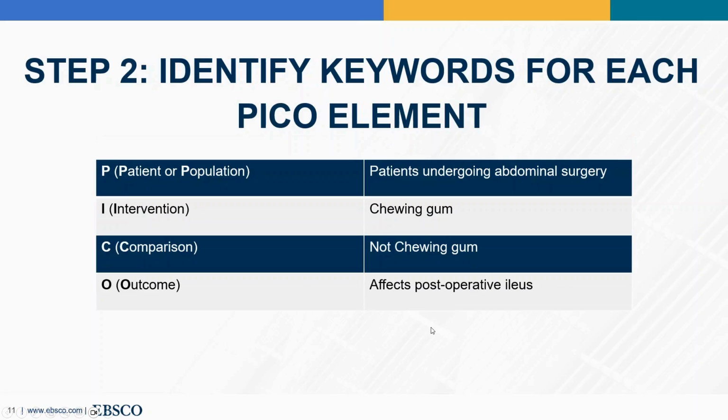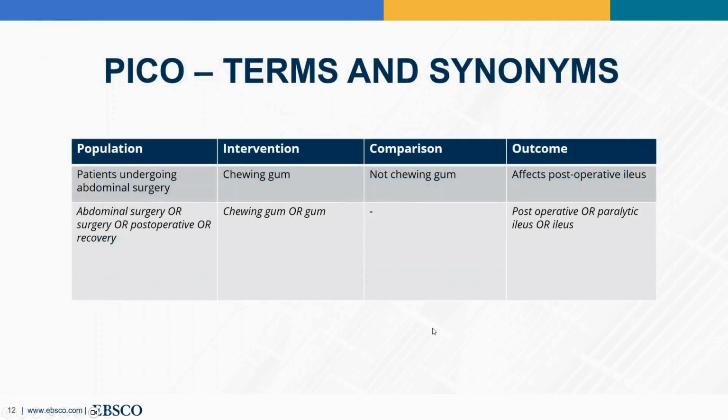Now that we've identified the keywords for each PICO element, we're now going to think of terms that are synonymous with our PICO elements. So for the population, we have patients undergoing abdominal surgery. So these are the keywords or the terms synonymous with our population.